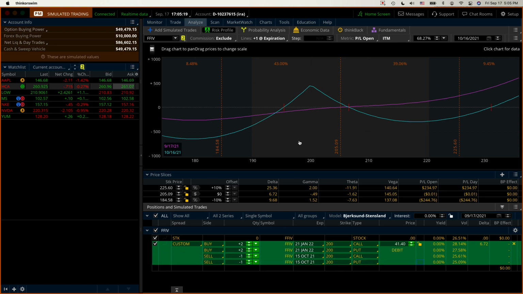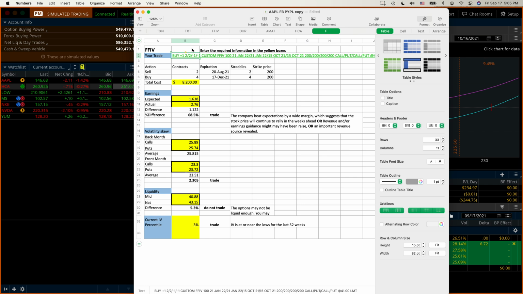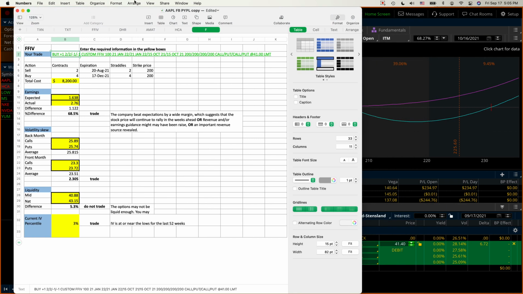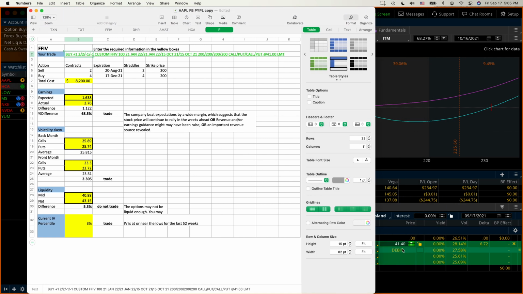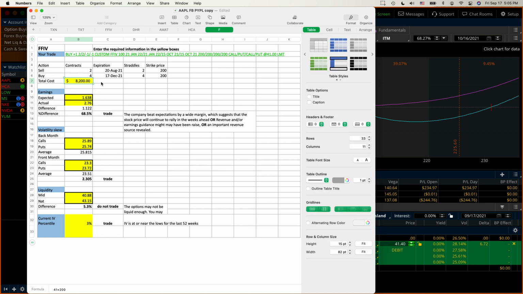All right, so let me just discuss what I've done to come up with it. The value of the trade, the cost is $41.40 right now, and that multiplied by 200 times, 41 times 200, gives me $8,200, which is 10% of my account.